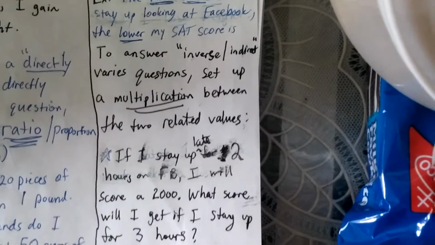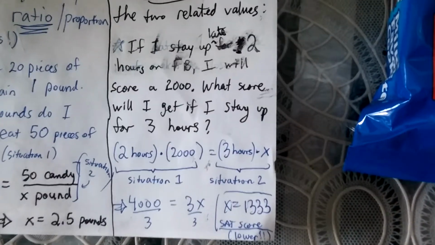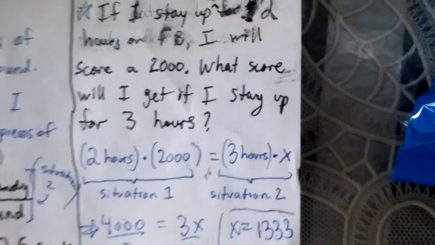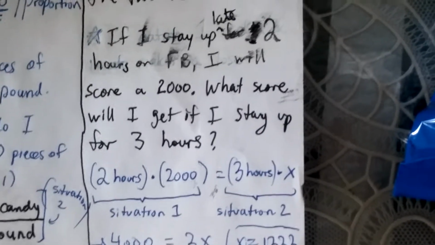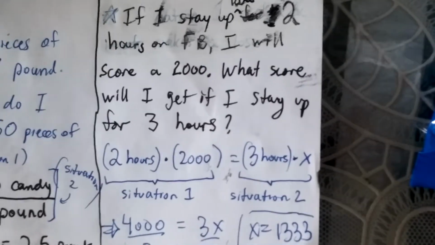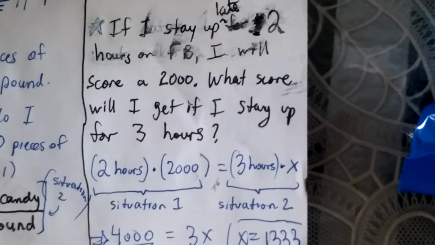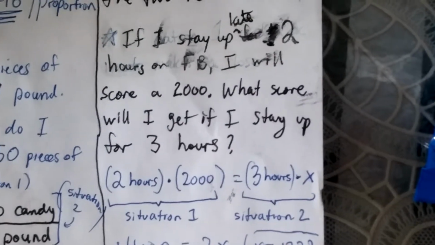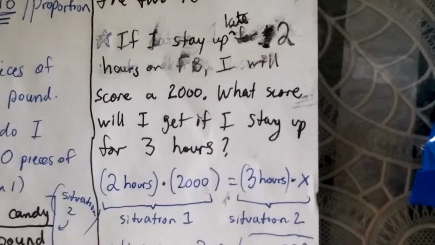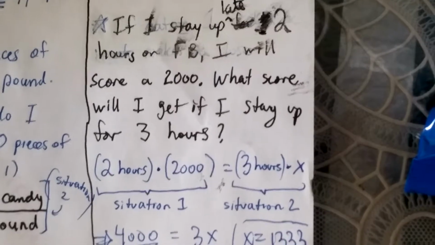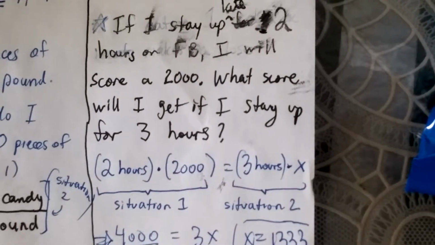Take a look at how I've set it up. We have two situations. For 2 hours, I'll get a 2,000 on the SAT. But for 3 hours, I'm going to get what I believe is going to be a lower score. Situation 1 equals situation 2. But instead of setting up fractions, I've set up multiplication.